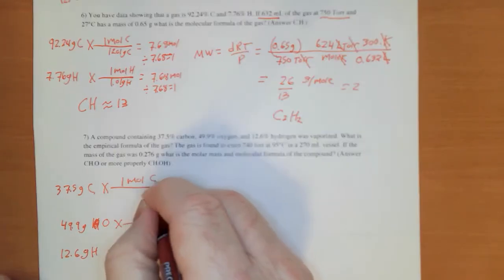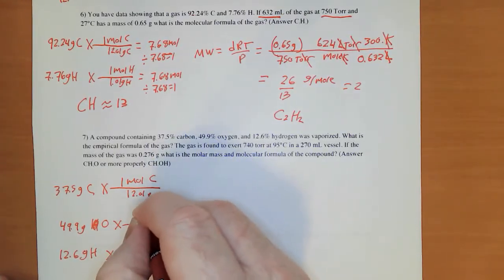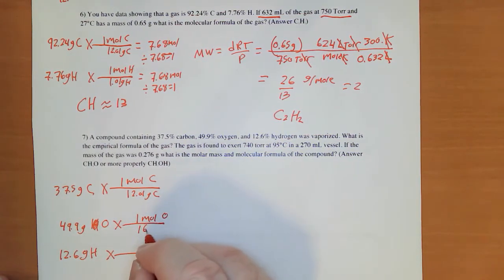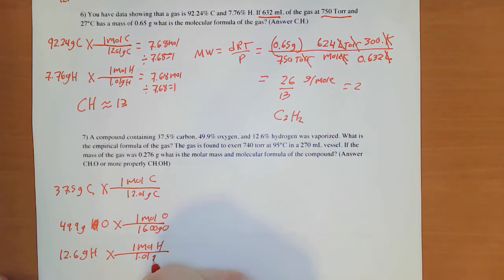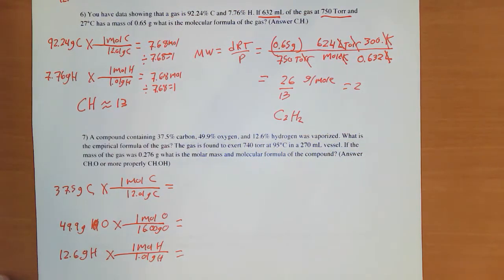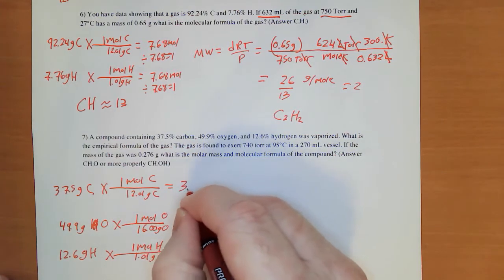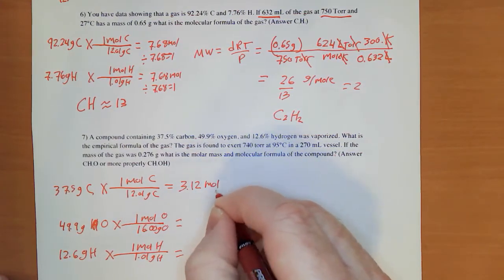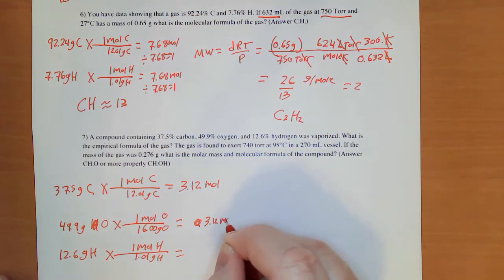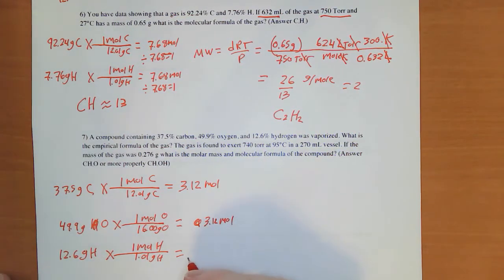1 mole carbon, 12.01 grams carbon. 1 mole oxygen is 16.00 grams oxygen. 1 mole hydrogen, 1.01 grams hydrogen equals. So I get about 3.12 moles, about 3.12 moles, that's a 1-to-1 ratio it looks like, and 12.5 moles.